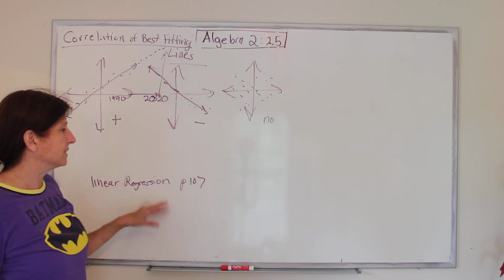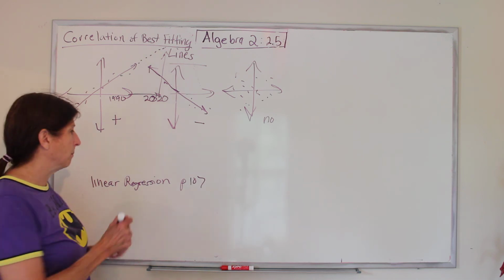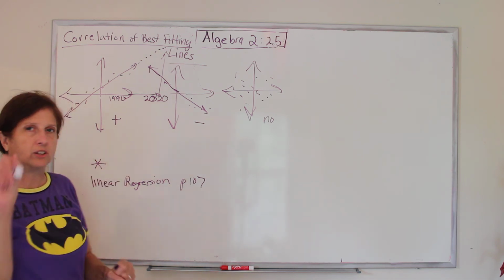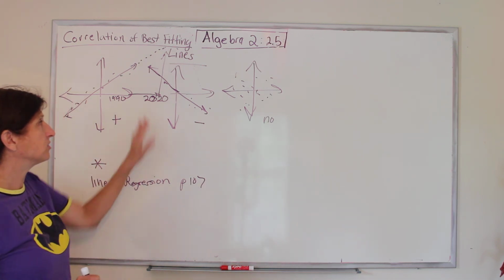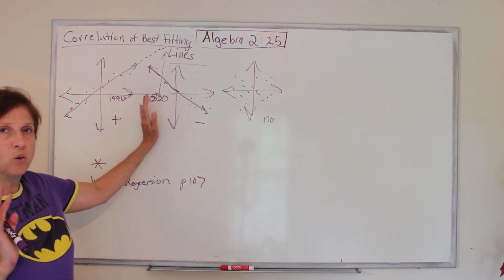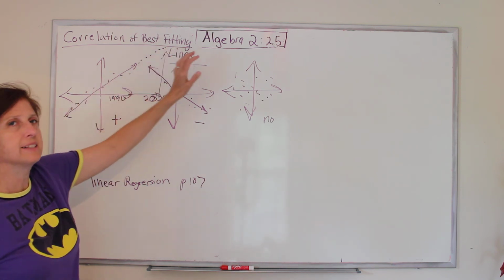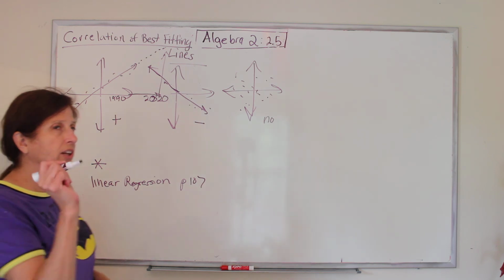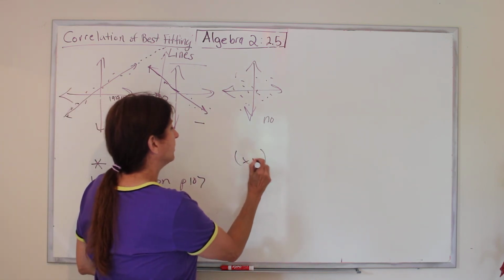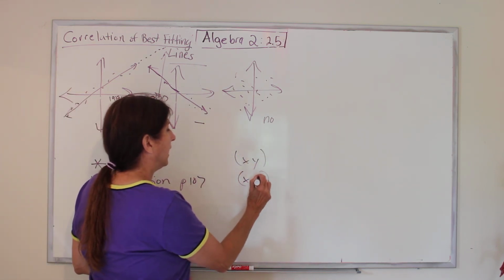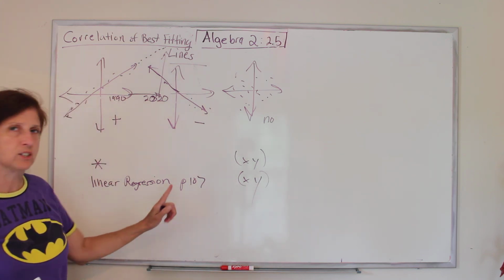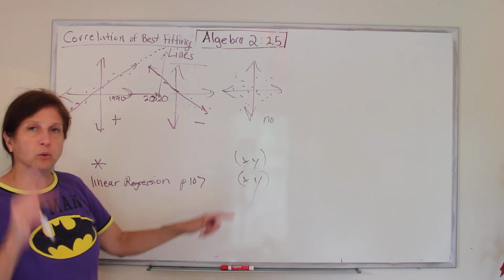Now the other thing is, linear regression is one of the most important things you're going to learn to do on your calculator. Not because you're going to be using it much for science or making lines out of data like this. You're going to use it when you're given two different points and you have to get the equation for the line. It will do it with just 2 points.